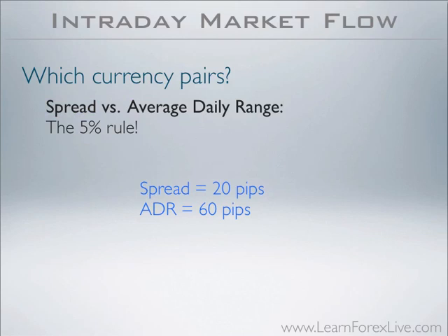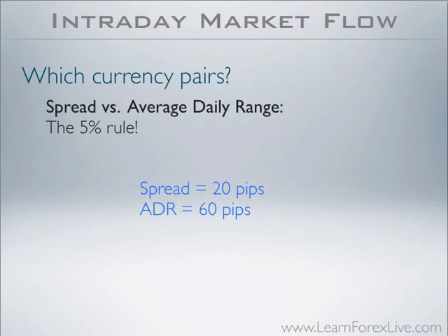Obviously, that depends on whatever broker you trade through. Every different broker has different spread commission structures, and you will find different commissions for different currency pairs depending on what broker you decide to trade through.